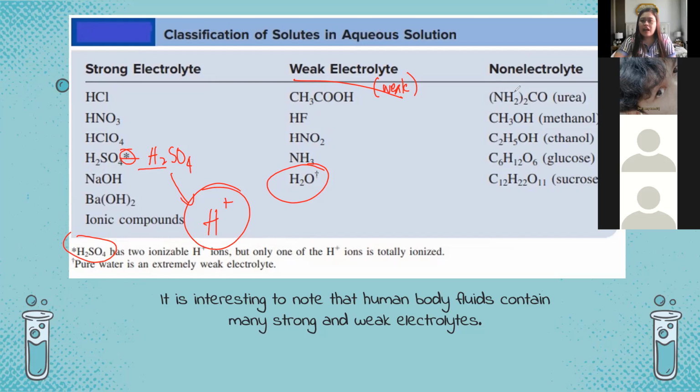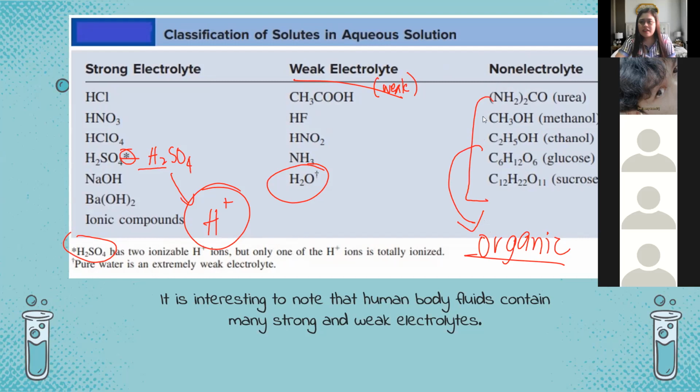Now, on the right side, you have their examples of our non-electrolytes. If we dissolve them in water class, they will not ionize, therefore they will not conduct electricity. And ang mapapansin natin for our non-electrolytes is that they are organic substances. Paano malaman kung organic? Paano nga natin malaman na organic yung ating substance?